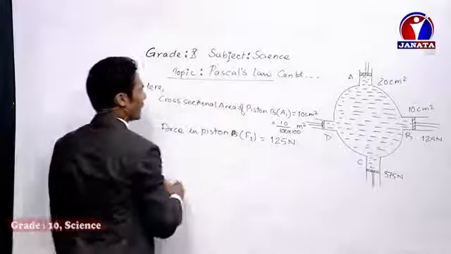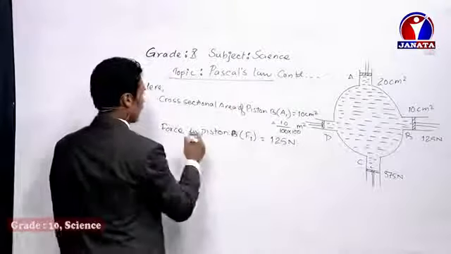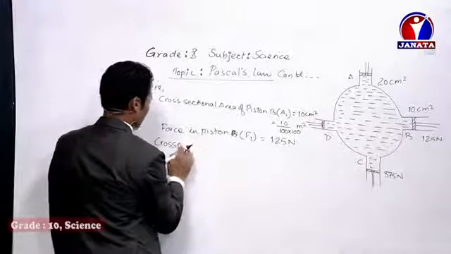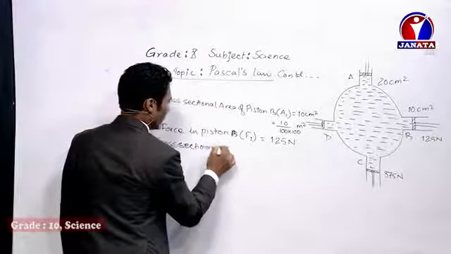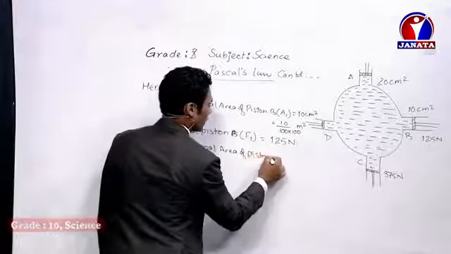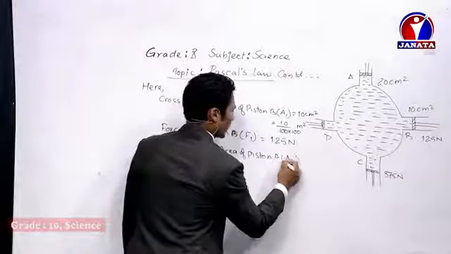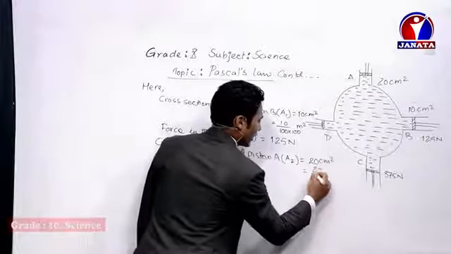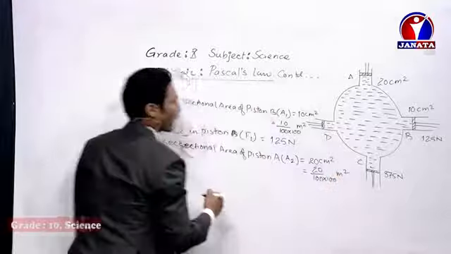And we need to find the force on piston A. So let's write down the cross-sectional area of piston A. Let's say this is A2, which is given as 20 centimeters square. So this is 20 divided by 100 into 100. This is meter square, right?